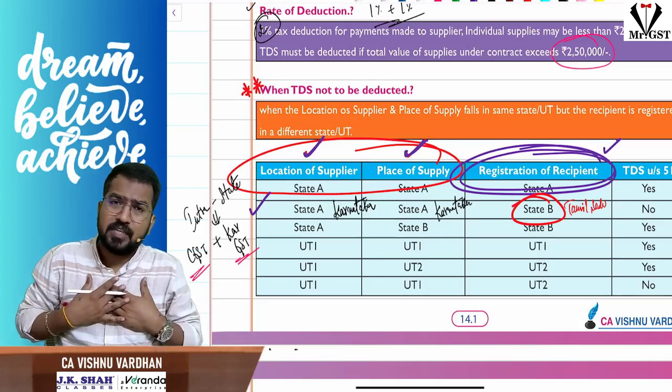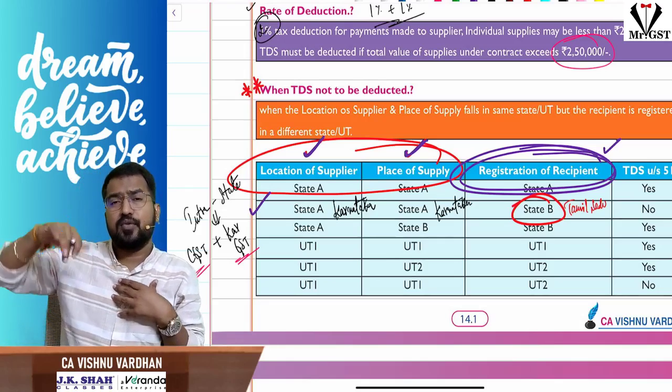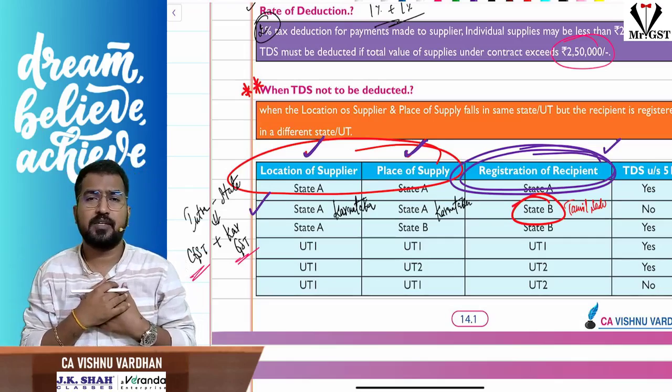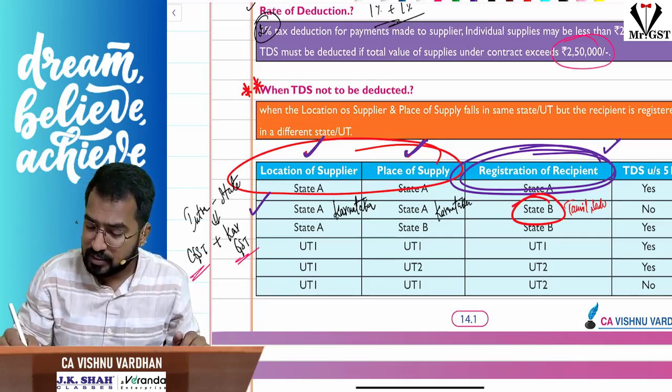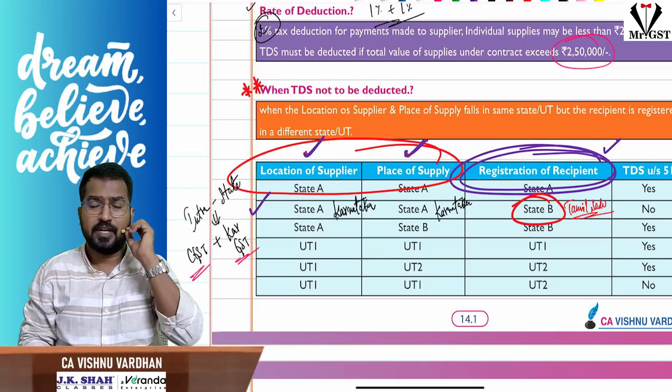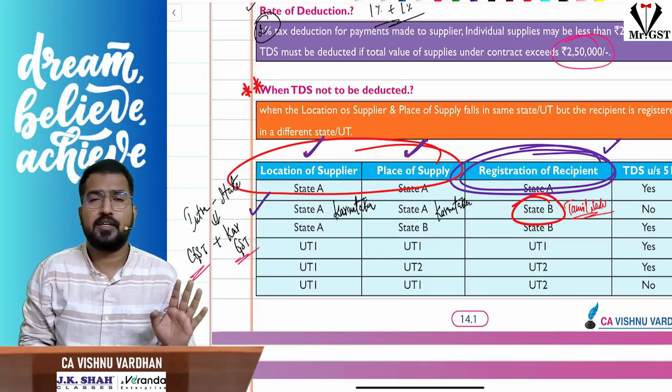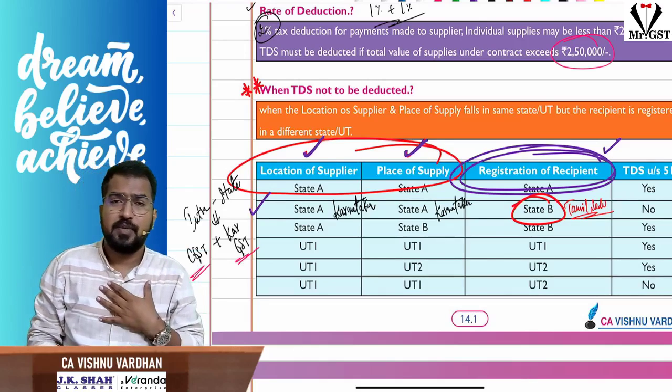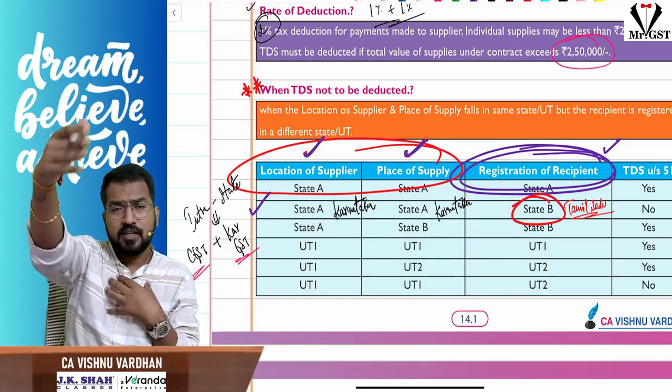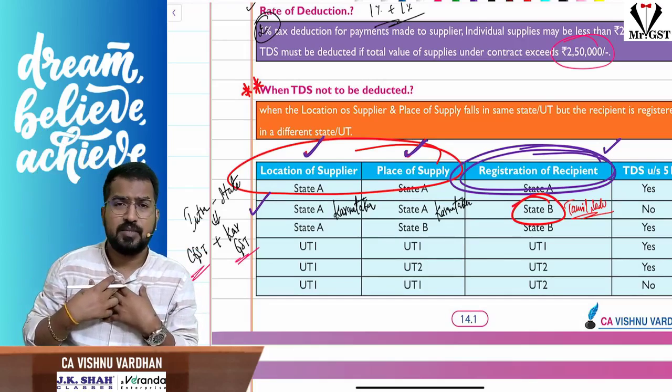When the recipient is registered in Tamil Nadu, how can he make payment to the Karnataka state government? Technically speaking, this cannot be done. I am just telling you the logic behind that provision. When the recipient is in Tamil Nadu, the supplier is in Karnataka, and the supplier is charging CGST plus Karnataka GST.